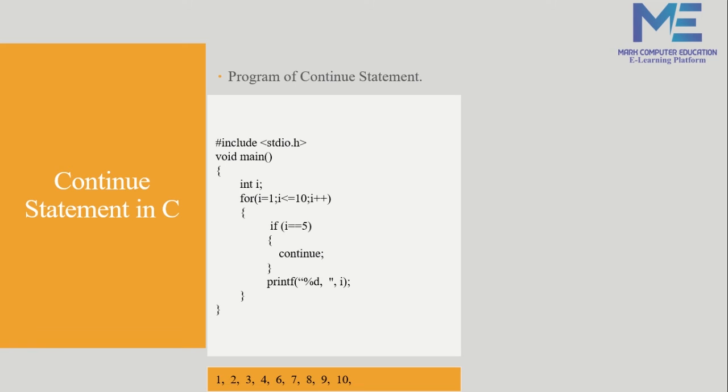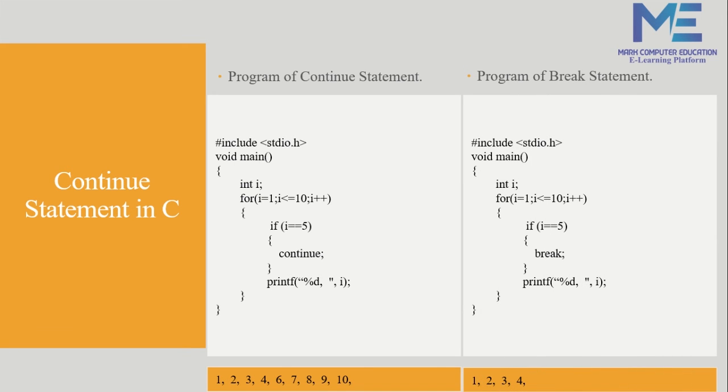So it will skip the for loop body when the value of i is equal to 5. Right. You can see that it is similar to the break program. Instead of break, I had written continue. Right. So let's see the difference of both. Here you can see, if I write break, then it will stop my loop.